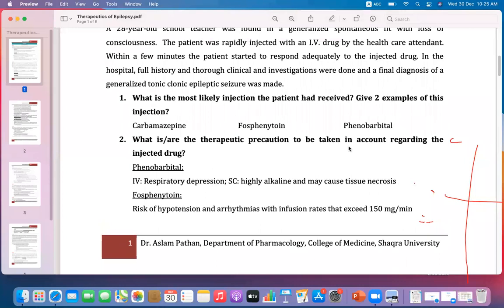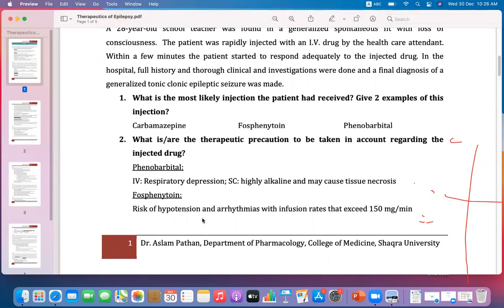So if phenobarbital is given by the intravenous route, there may be chances of respiratory depression. So take precautions if the patient is already having apnea. If it is given by the subcutaneous route, it is highly alkaline and may cause tissue necrosis.